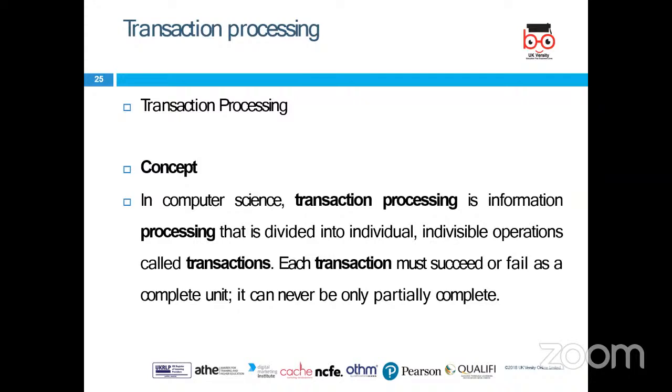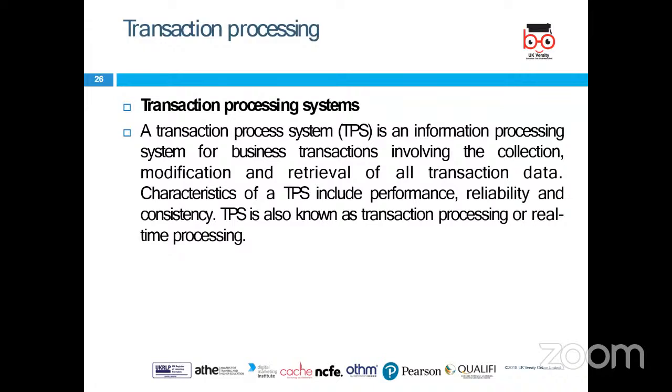Also, we have looked into transaction processing, where I made the example of e-banking. Now we can see the transaction processing system, TPS. It is an information processing system for business transactions involving the collection, modification, and retrieval of all transaction data.